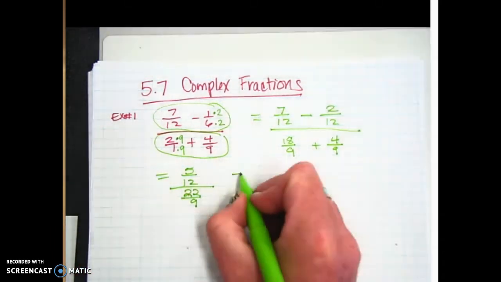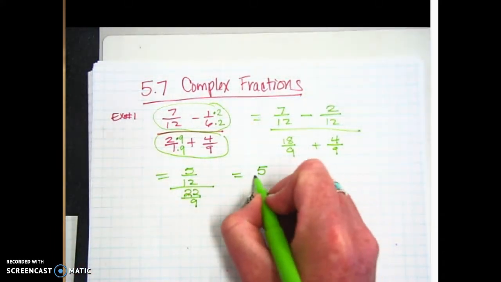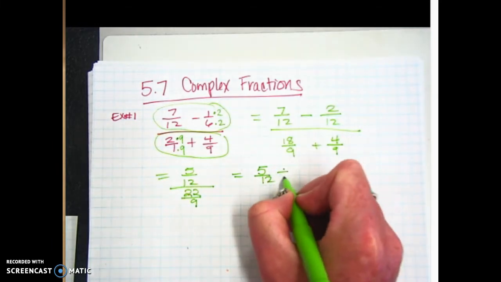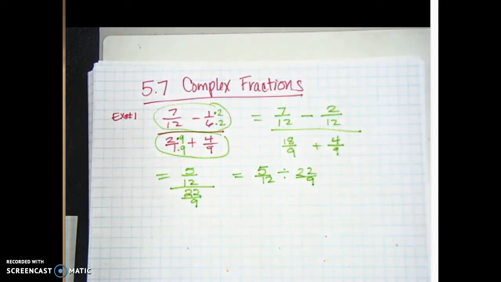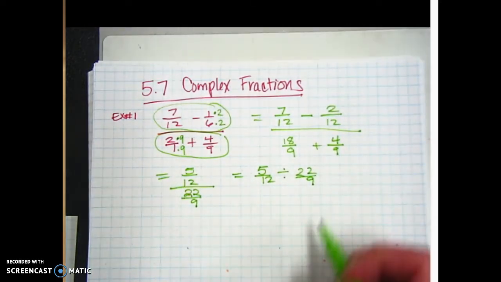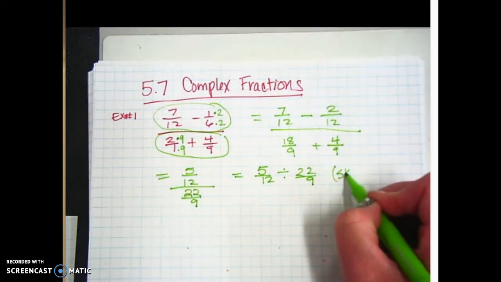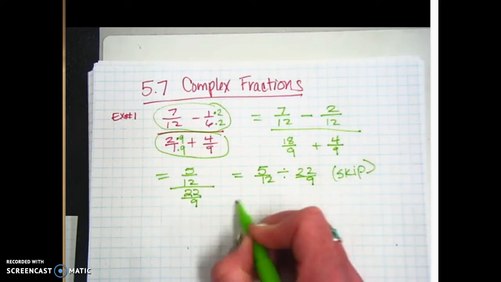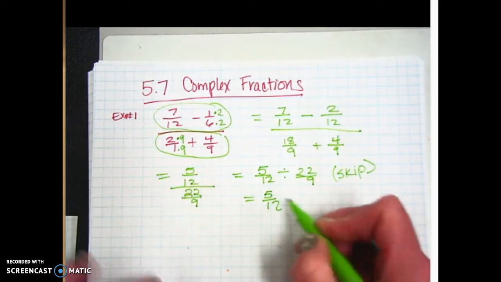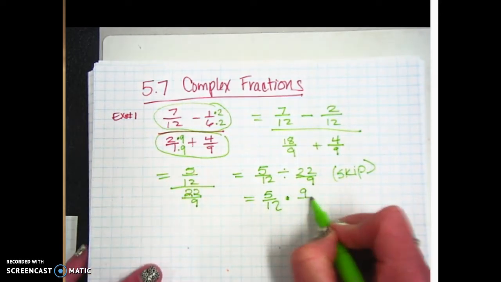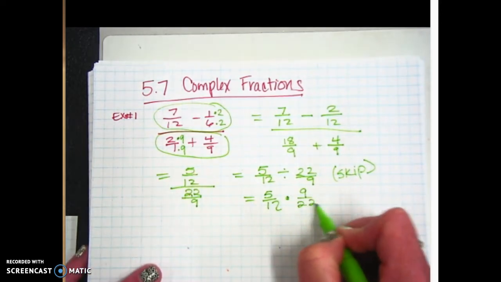So I'm going to rewrite it as a division problem of 5/12 divided by 22 ninths. Then I have to use the invert and multiply rule. And remember, this is the step I said you guys could skip. Right? So if you just want to change it straight from here to 5/12 times 9 over 22.